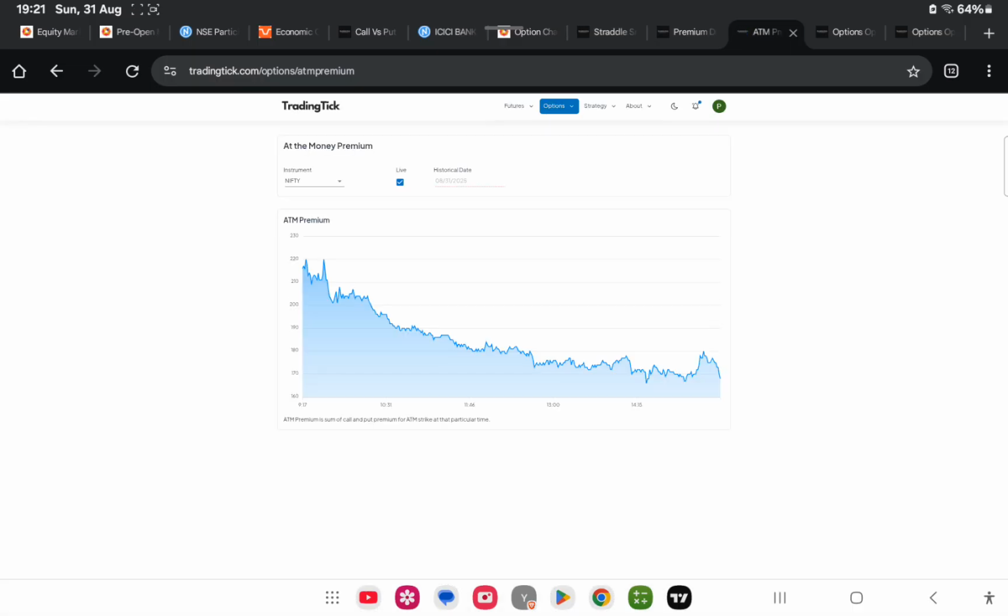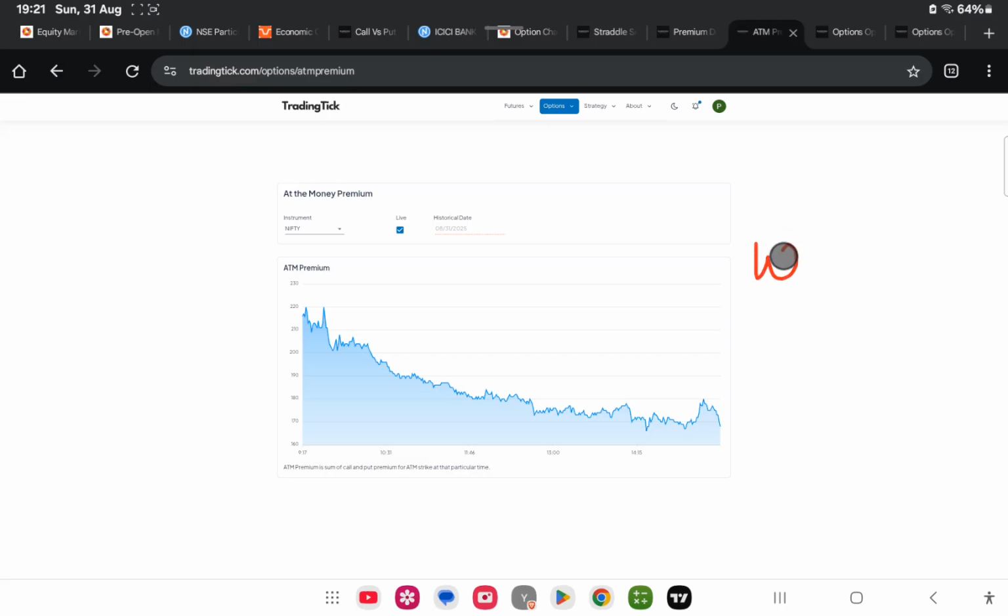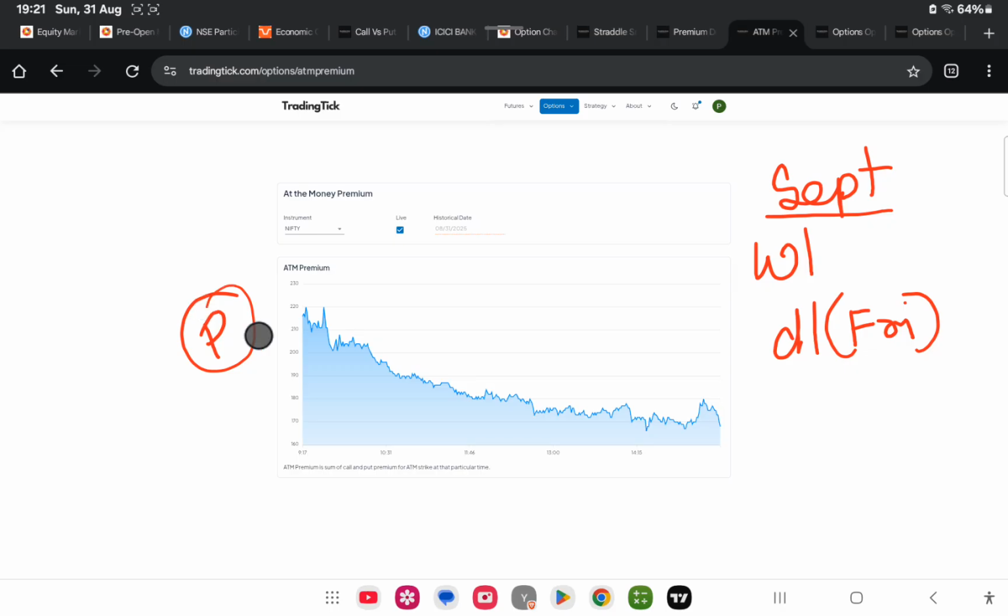Now we have the ATM. This is week 1 of September and day 1, that is Friday. You could see the premium for Nifty is starting at 220, which is very good, and ending at 170. This was the open, this was the close.